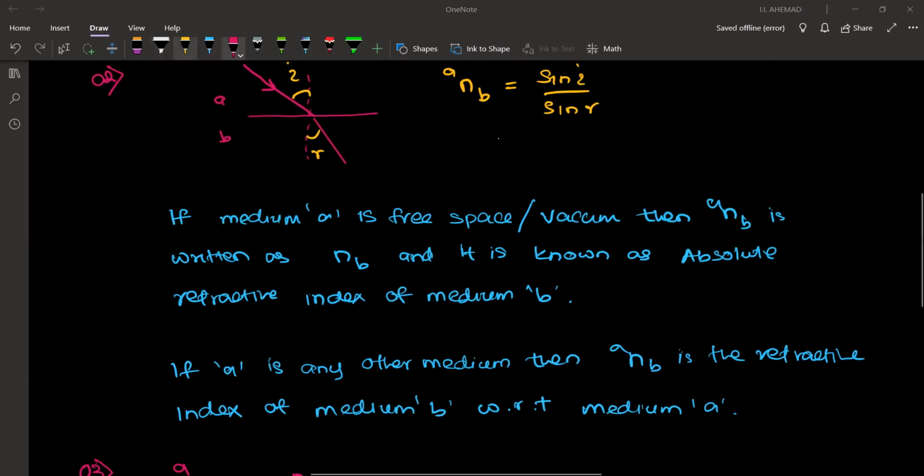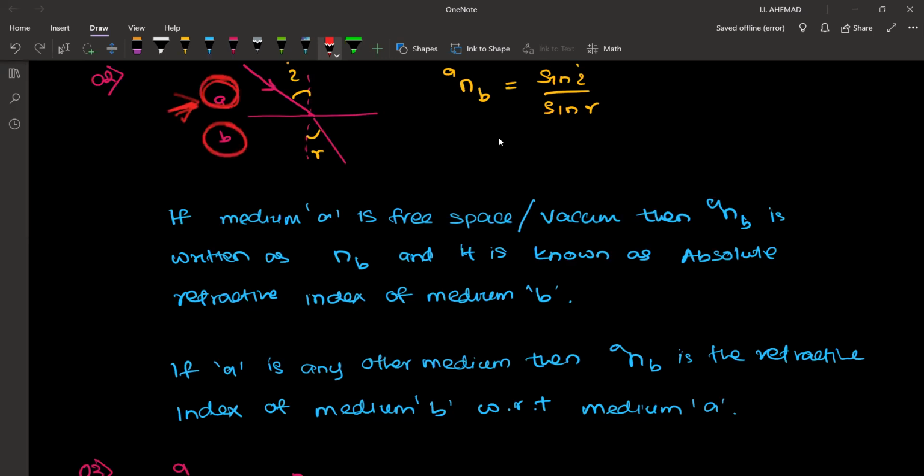So here, Najima, if A is air or free space, then we call this refractive index the absolute refractive index. If this is something else other than air, then it is the refractive index of medium B with respect to A.